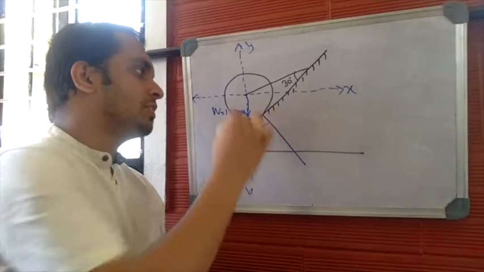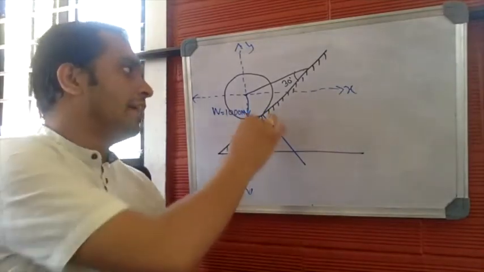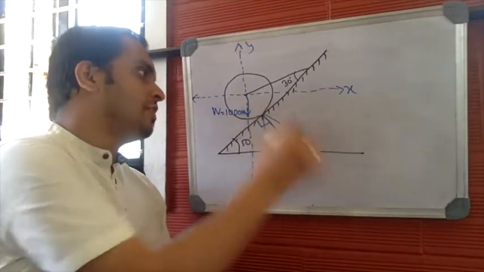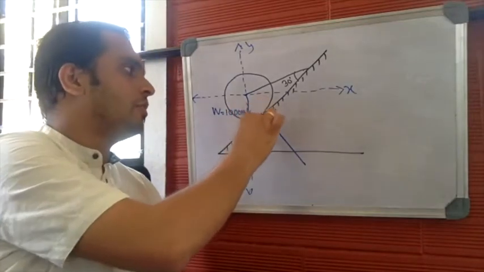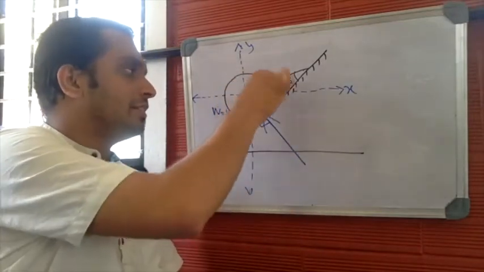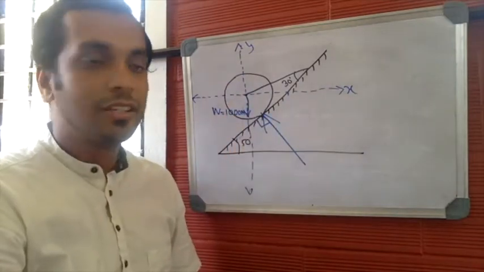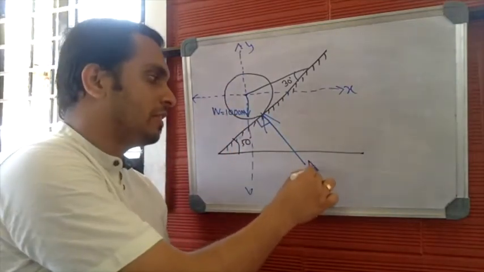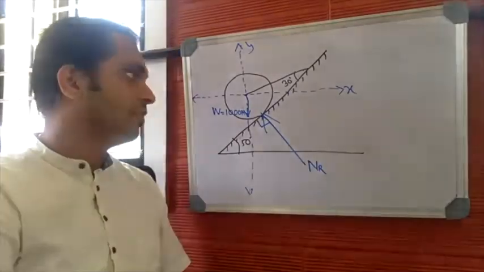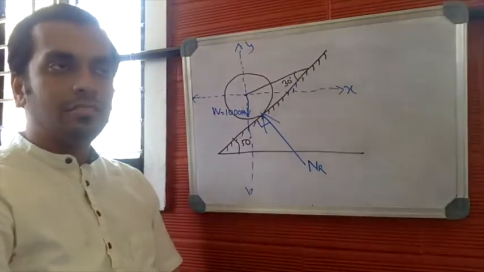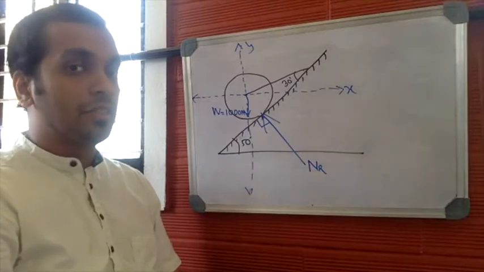Let me mark this as normal reaction, NR, or R. You can mark it as R as well. So this is the second force to mark when you draw the free body diagram.